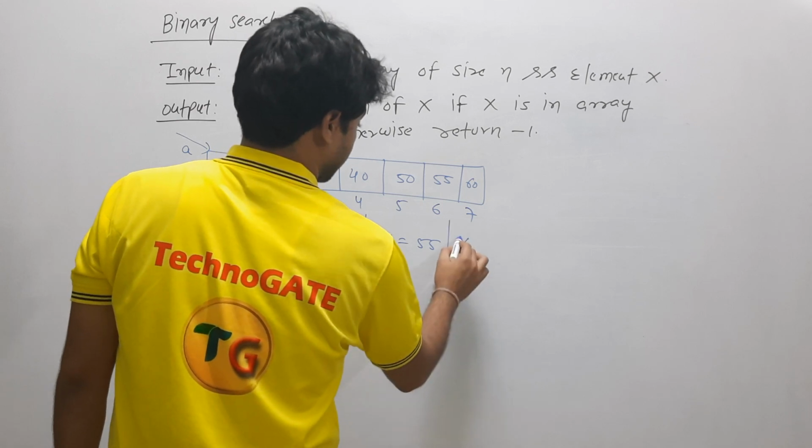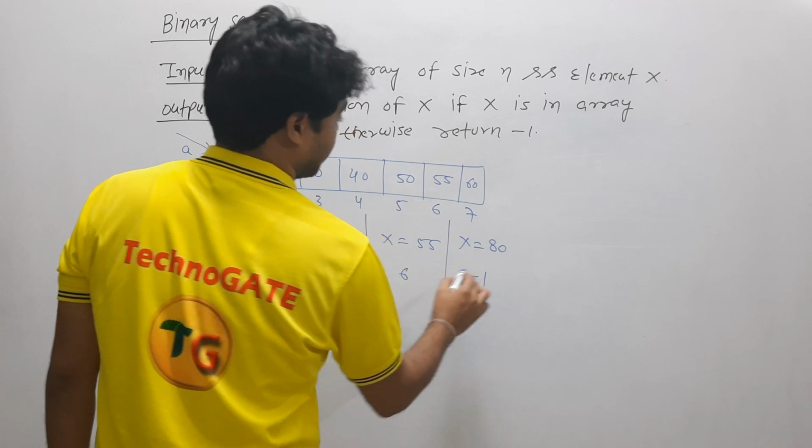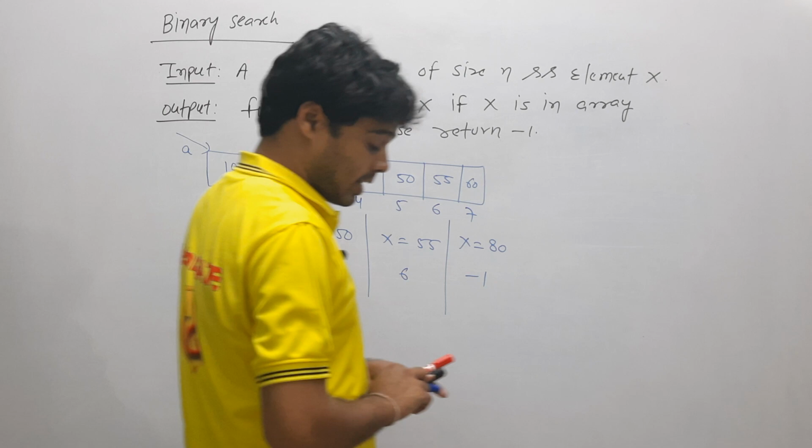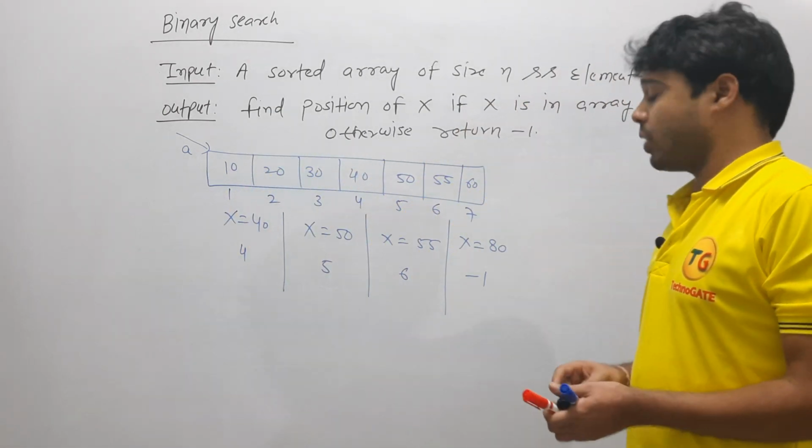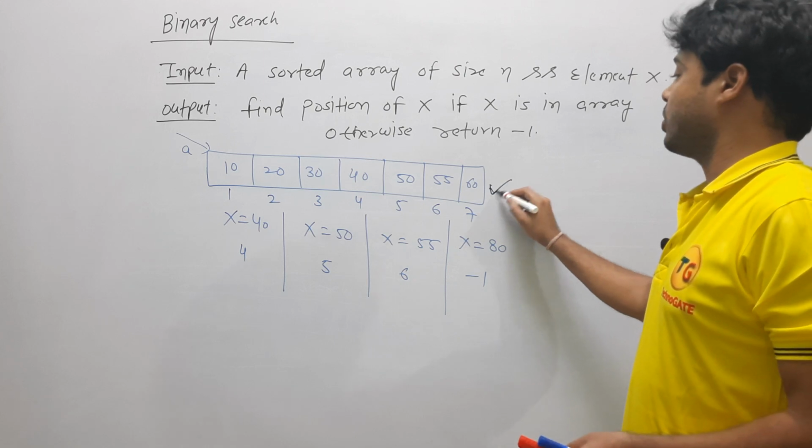And if x is 80, then return -1, as no such element is there. It is applicable only for the sorted array.